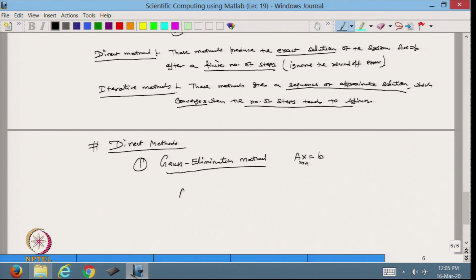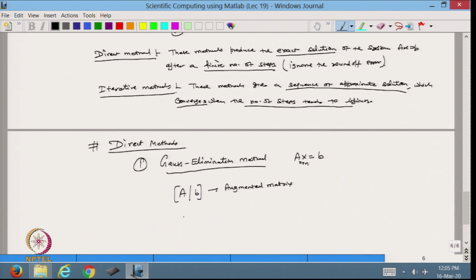Now, I will write matrix A and then its right hand side vector. This matrix is called the augmented matrix.